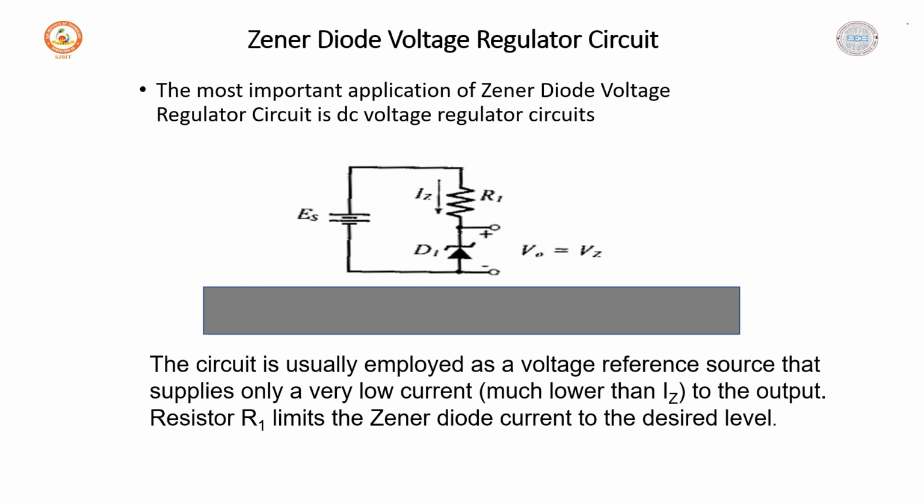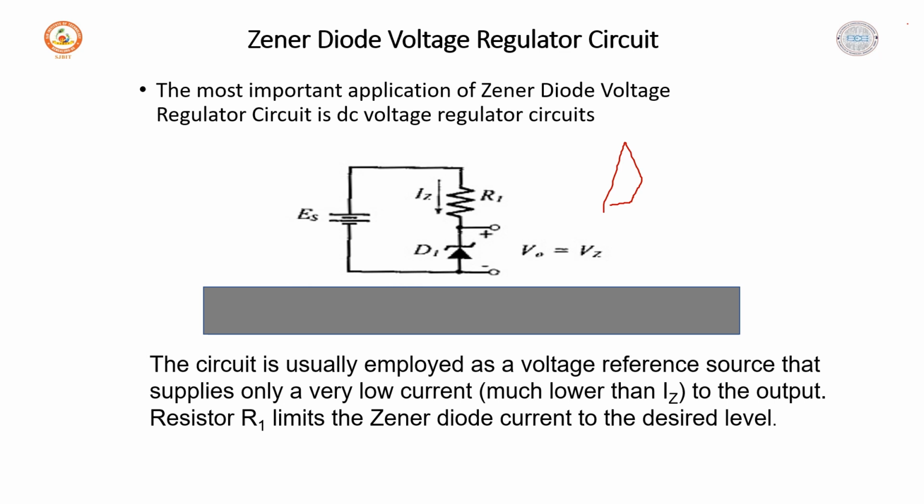The performance of a zener diode voltage regulator can be expressed in terms of source and load effects, the line and load regulations. The ripple rejection ratio of a voltage regulator is always important, which is the ratio of the output to the input ripple amplitudes. The simple equation to calculate this is delta V0 equals delta Es times Zz divided by R1 plus Zz.